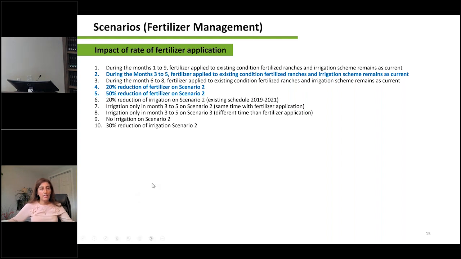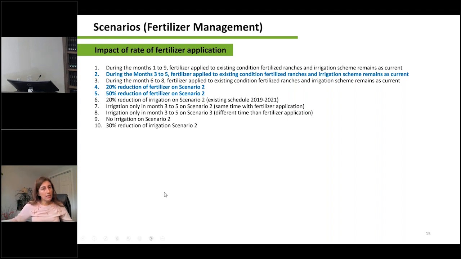In this next set of scenarios, we are looking at the rate of fertilizer application. That's why we compare scenario 2, because we just noticed that scenario 2, which is the fertilizer during the dry period, is the best so far. So we keep that one, and we are also going to look at the reduction of the fertilizer.